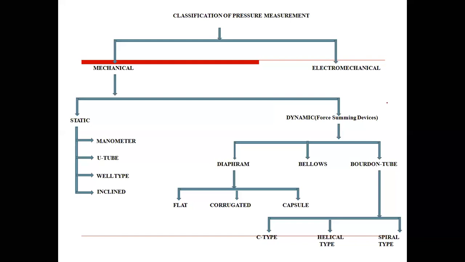In dynamic, force summing devices are used, and in static type of transducer, manometers: U-tube manometer, well type manometer, inclined manometer. So in static type of pressure measuring devices, we commonly use manometers, and these manometers are further classified as U-type manometer, well type manometer, and inclined type of manometer.